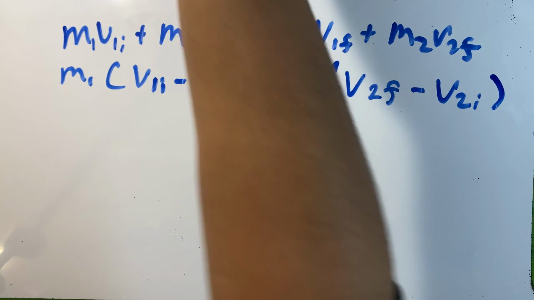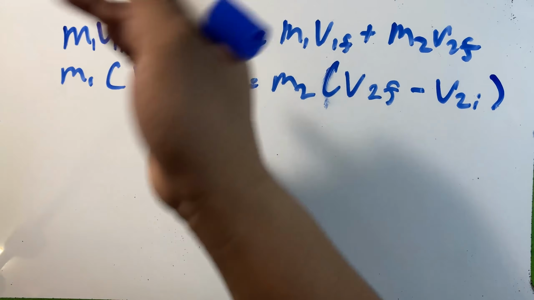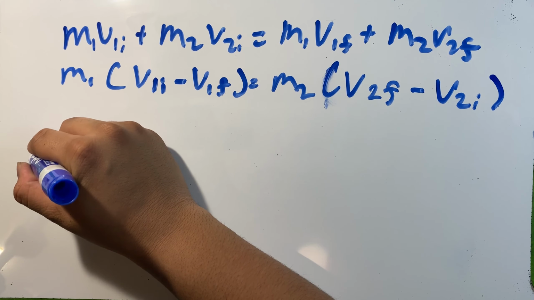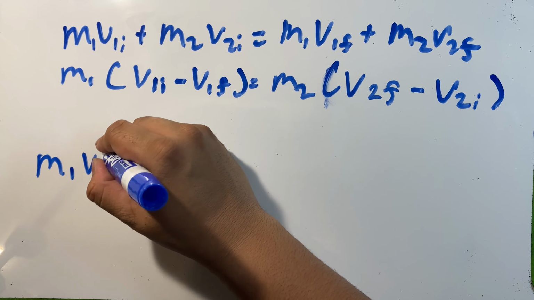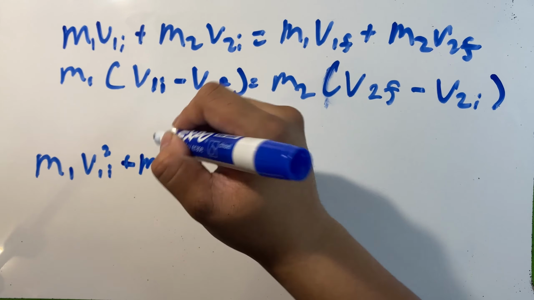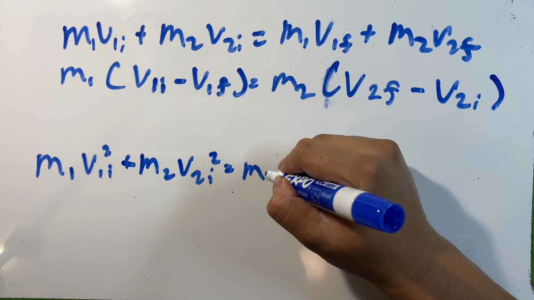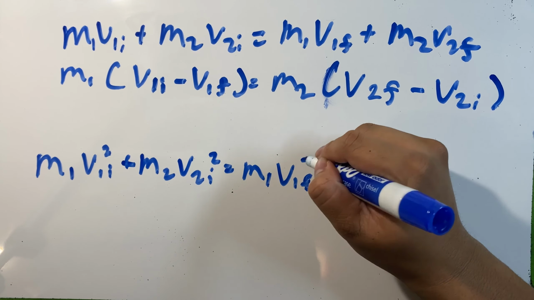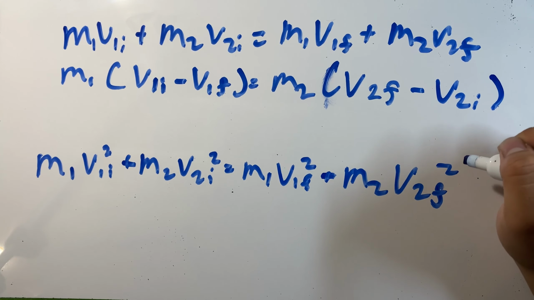But if we look at, I'm sorry, I'm pointing at my notes. If we look at the kinetic energy equation, it's going to be, taking out the 1/2 from both sides, M1 V1 initial squared plus M2 V2 initial squared is equal to M1 V1 final squared plus M2 V2 final squared.